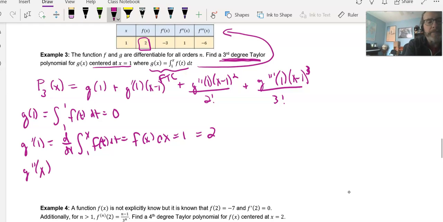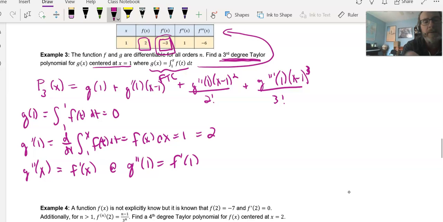Similarly, g double prime is going to be the derivative of f of x, and at 1, g double prime of 1 would equal f prime of 1. Again, from our table, that would be -3.